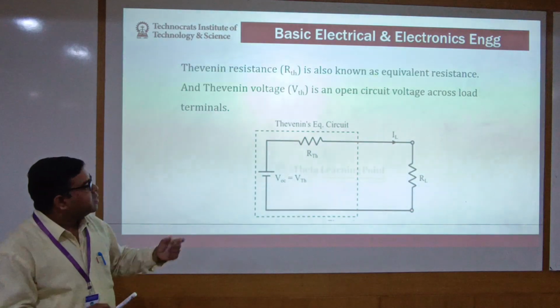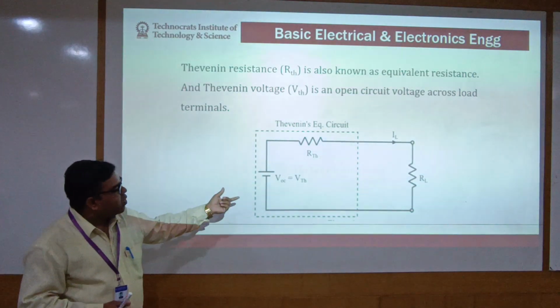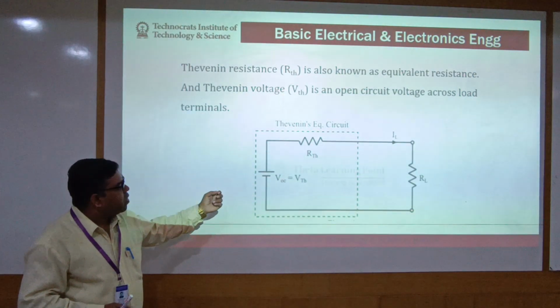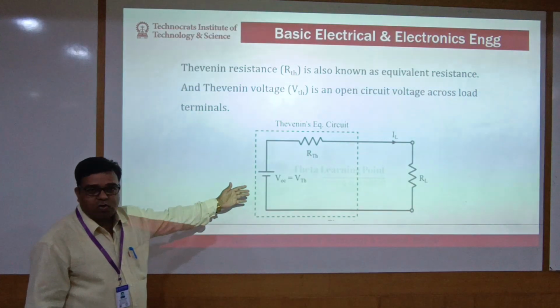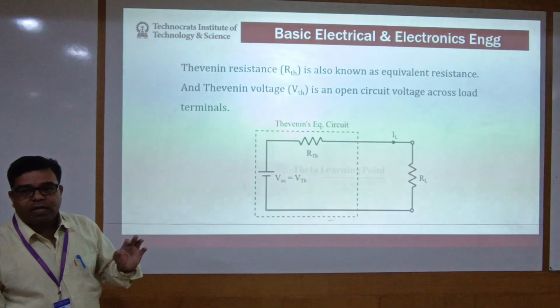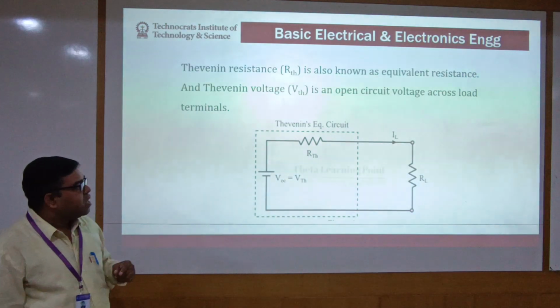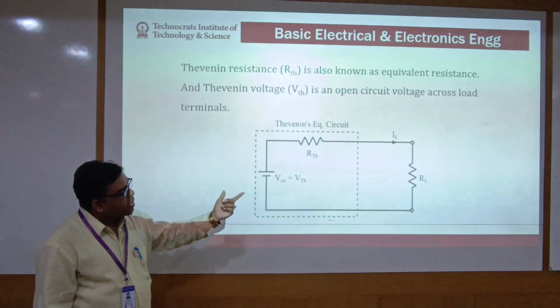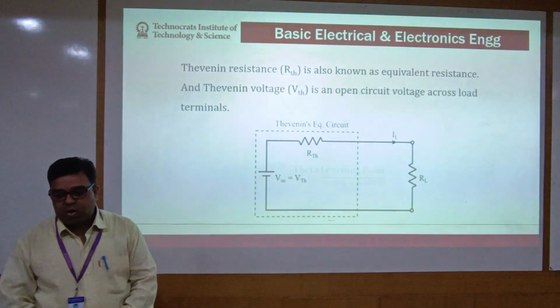So this diagram will completely explain the equivalent circuit of Thevenin's theorem. Here the VOC is called VTH, also connected in series with the RTH. That RTH is basically the equivalent resistance as we usually calculate, and it is connected with the load resistance.